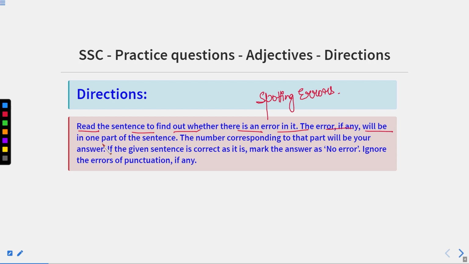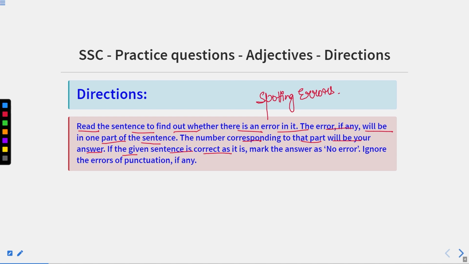The error, if any, will be in one part of the sentence. It means the sentence is divided into several parts and in only one part there is an error, which is based on the topic adjective. The number corresponding to that part will be your answer. We need to identify that particular part that contains the error, and the number written corresponding to that part will be our answer.